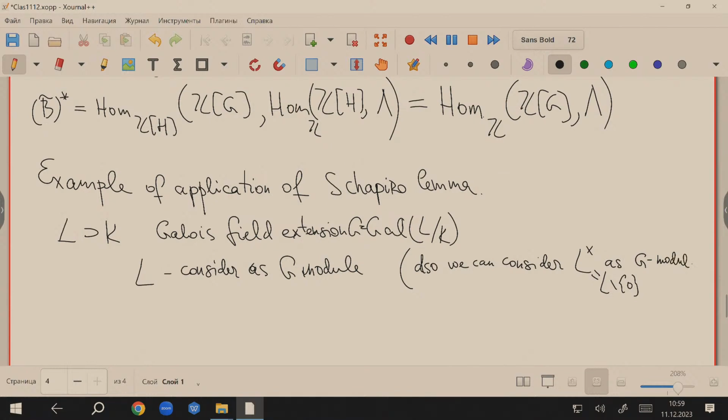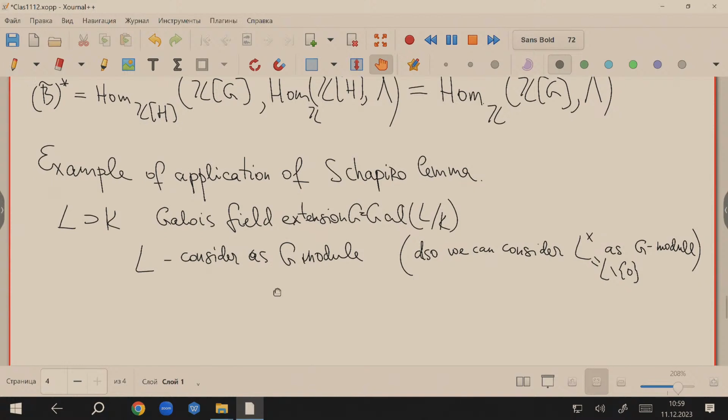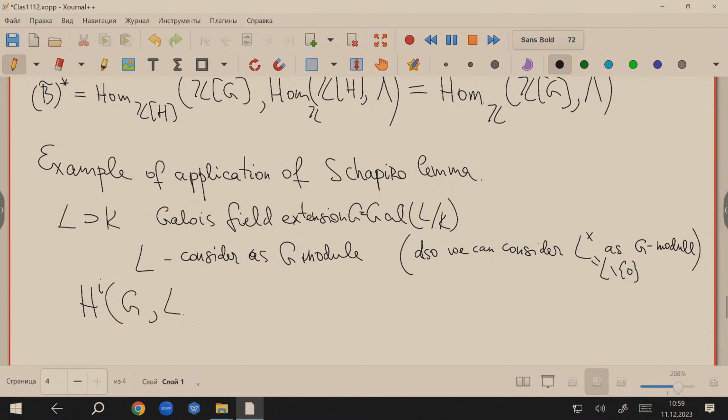You can ask what are the cohomology of these modules, that is, what are H^i of G for L.